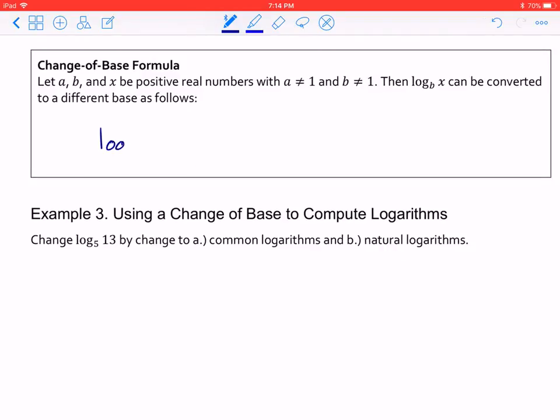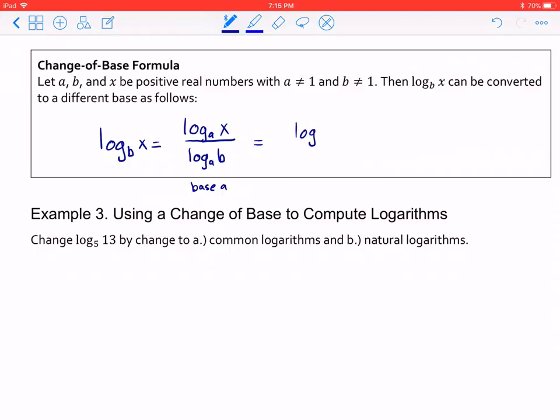So in summary, let's say we have log base b of x. The change of base formula says, you know what? I can take the input x and apply it with a new base, as long as I take the initial base and also treat it as an input to log of our new base. So this was base a. The most common one we'll probably want to deal with is with either log, or log base 10, or ln, log base e.